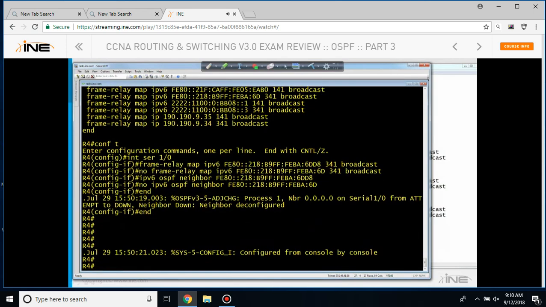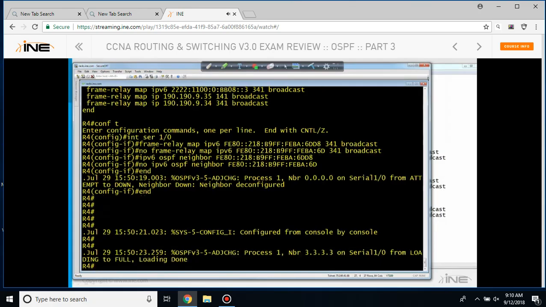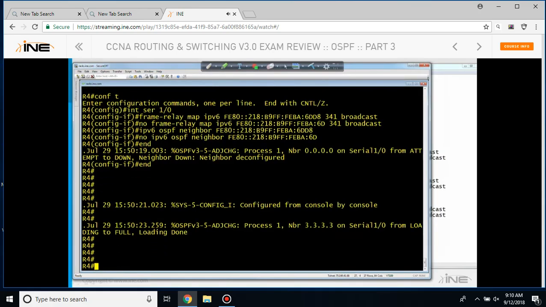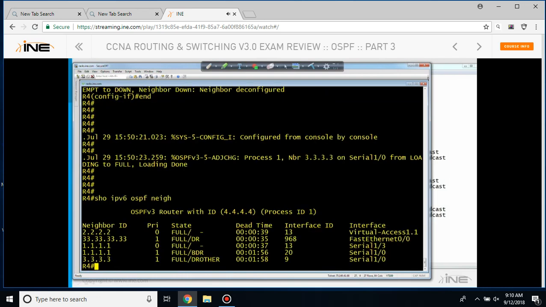Okay. There we go. Show IPv6 OSPF neighbor. That's better. Good troubleshooting exercise though, wasn't it? Yeah, I like that.